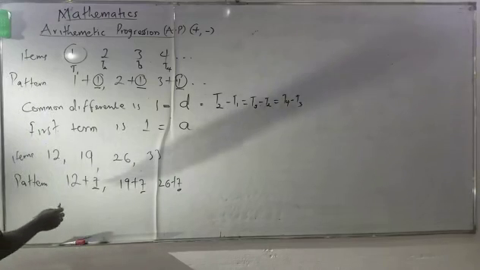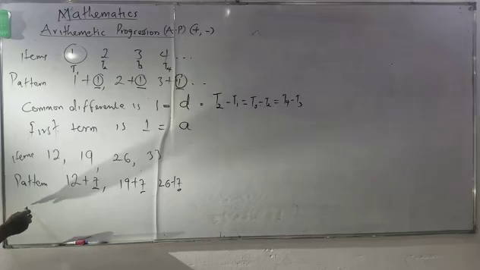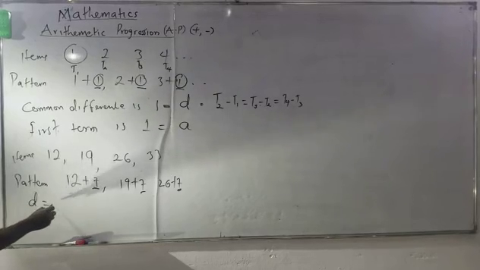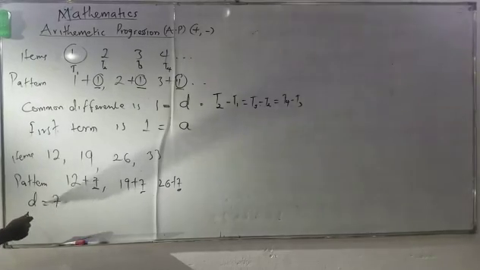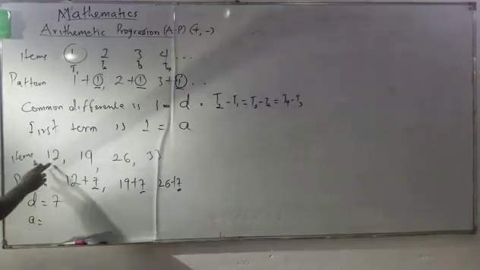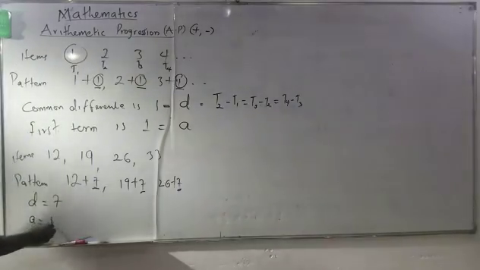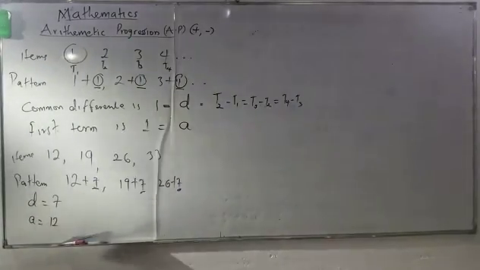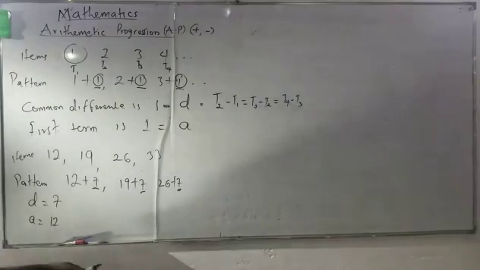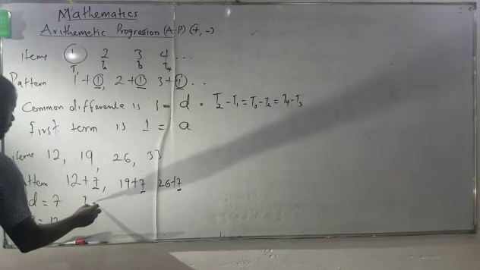So my common difference D is equal to 7. My A, which is my first term, also called the leading term, is 12. How do I get my common difference? The easiest way is T2 minus T1.